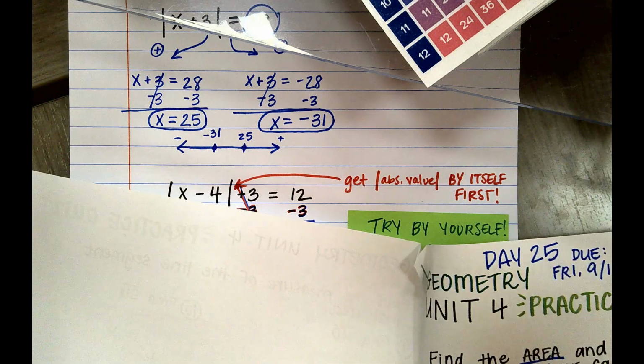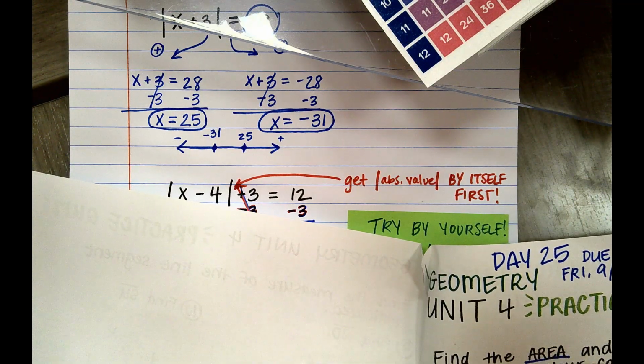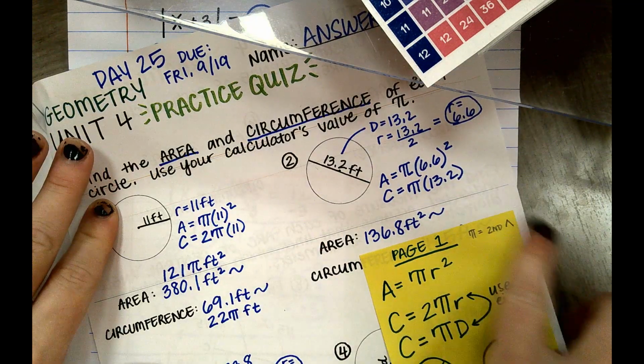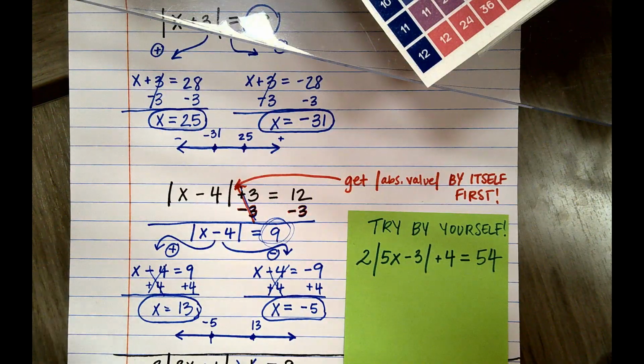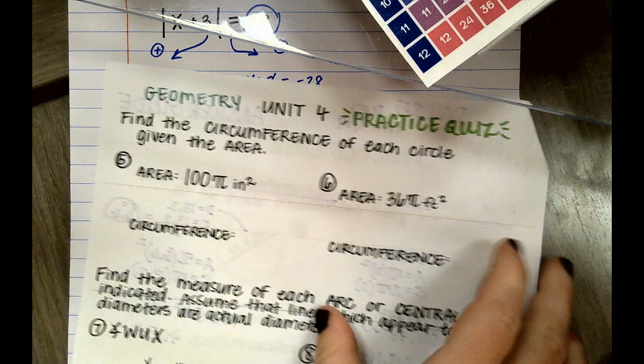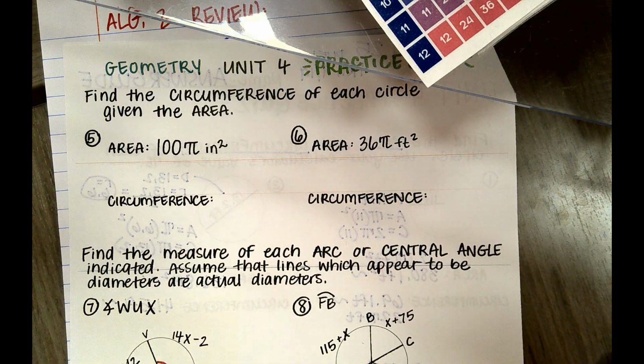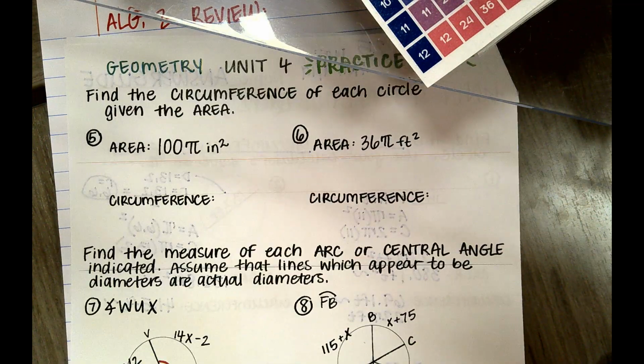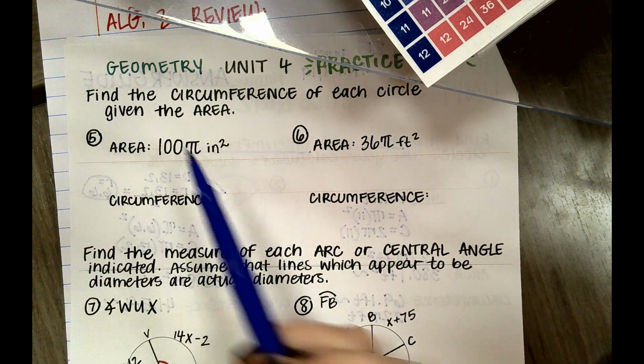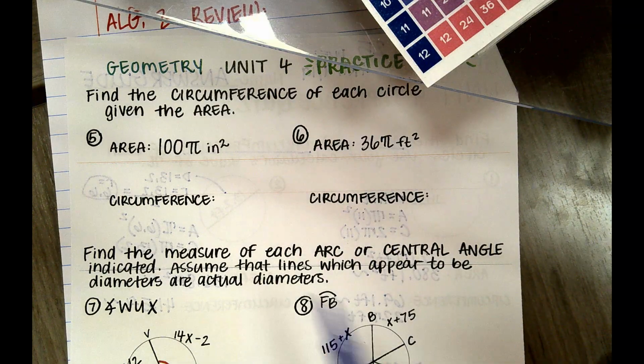And now I'm going to put that sticky note back on here for page 1. And we'll make a guide for page 2. So for page 2, now I have 2 questions for 5 and 6 where you are given an area and you are supposed to find the circumference.